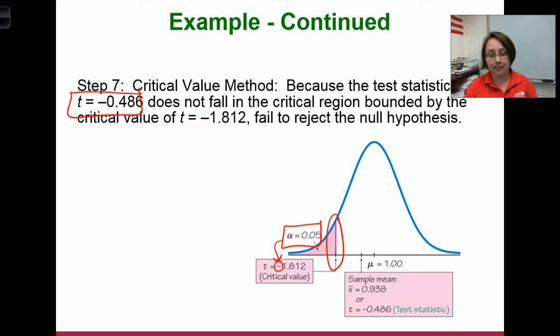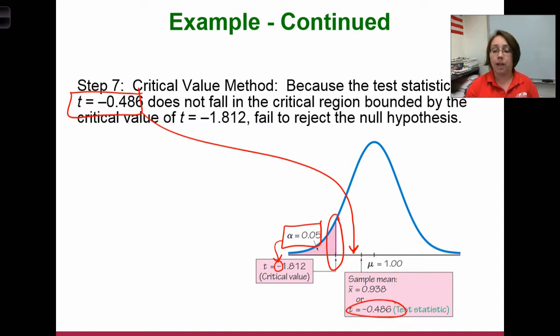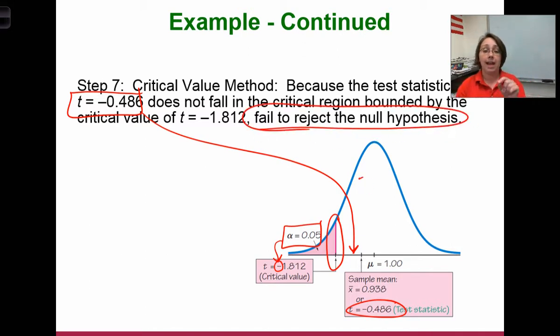Well, our test statistic is actually quite a bit closer to 0 than the critical value. So because our test statistic fell in the middle, that is why we would fail to reject the null hypothesis. If our test statistic had fallen in the tail, then we would have rejected the null hypothesis. Okay, so that's the critical value method.